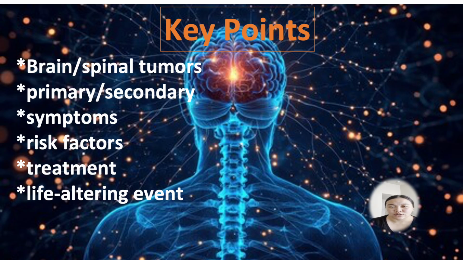Certain risk factors increase an individual's chance of developing a CNS tumor. Therefore, early detection is key to starting treatment early. Being diagnosed with a CNS tumor is often life-changing, and continued research is critical to improve the outcome and the quality of life for those that are affected by CNS tumors.